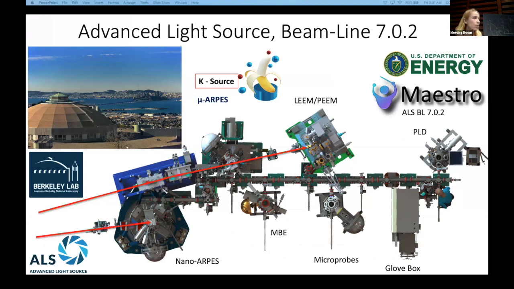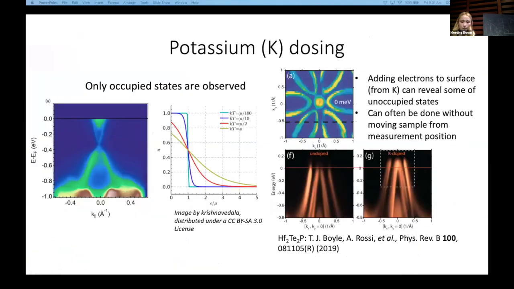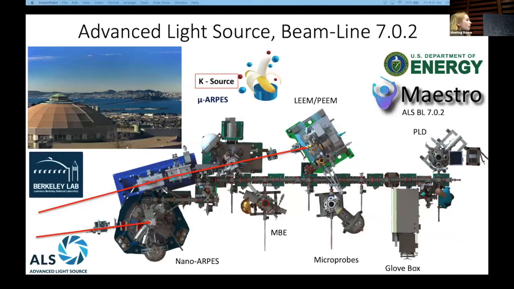They have a number of experiments available here, such as LEEM-PEEM, but more relevant to this talk is nano-ARPES and micro-ARPES, which provide either a spot size below a micron for nano-ARPES, or a spot size on the order of several microns or several tens of microns for the micro-ARPES setup.